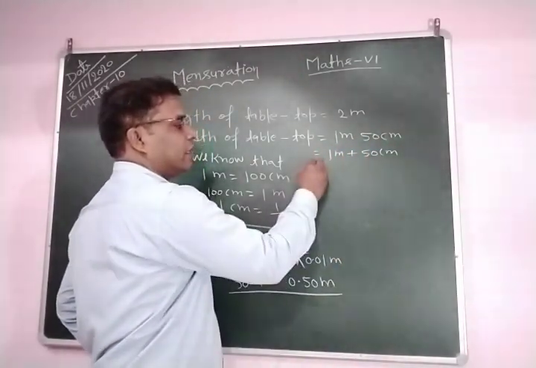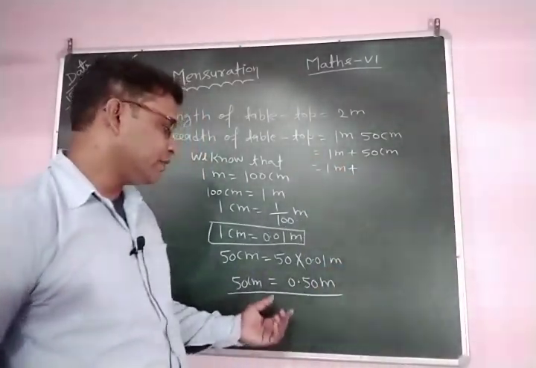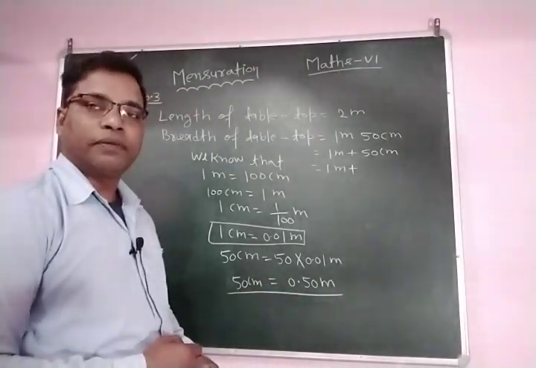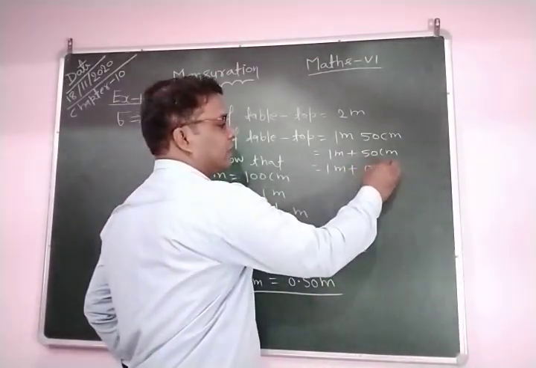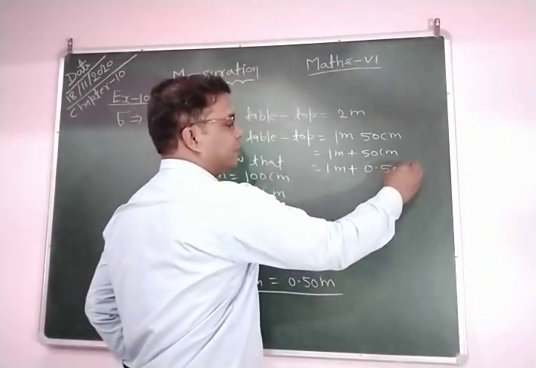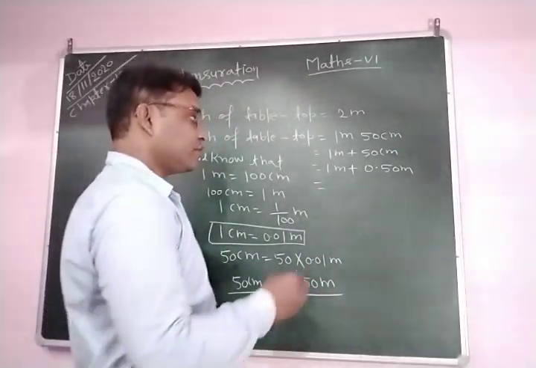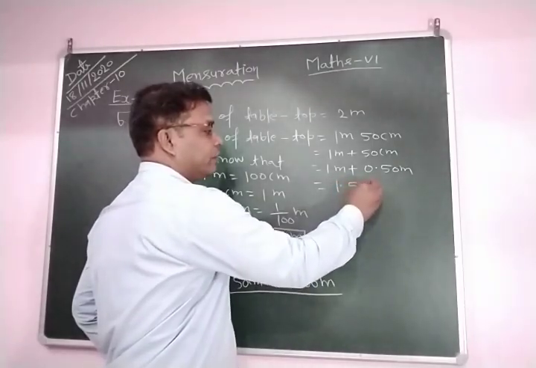So you can write 1 meter plus 50 centimeters. Here 1 meter we write as it is, but we convert 50 centimeters and obtain 0.50 meters. If we add them, then we obtain 1.50 meters.